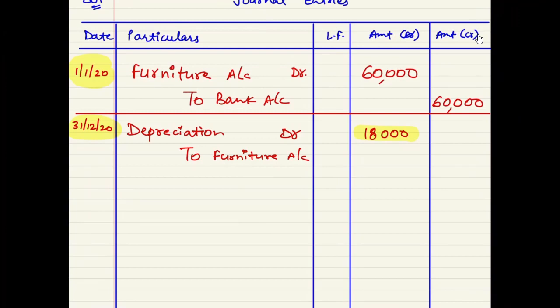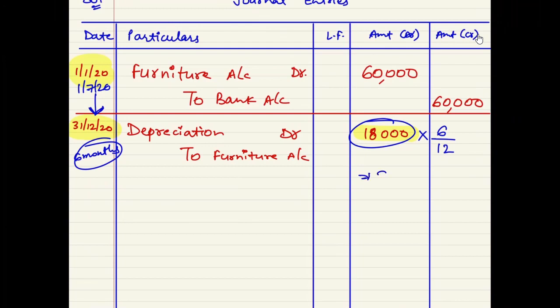But if the asset was purchased on 1st of July 2020, and I am closing my books on 31st of December, there is only 6 months. So depreciation will also be charged for only 6 months. I need to multiply by the months for which it is used and divide by 12.